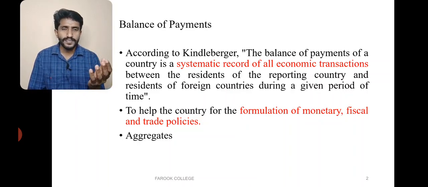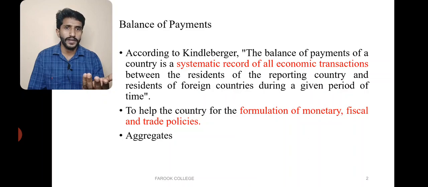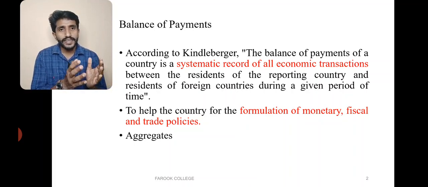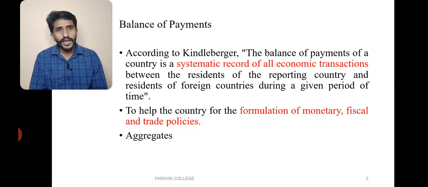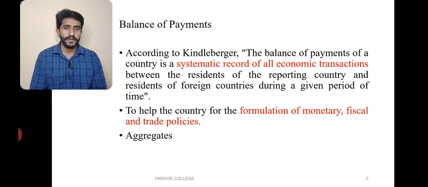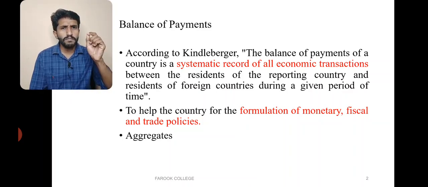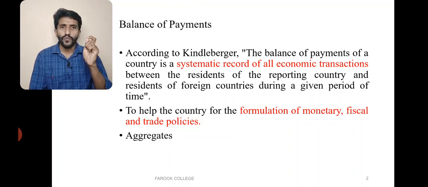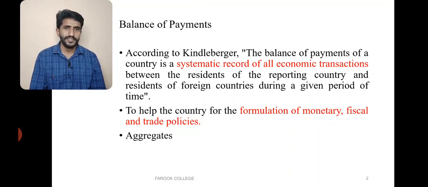In this scenario, if you are recording all these transactions for a particular period, normally 1 year or financial year, and aggregating all this record, it is called balance of payment. So the balance of payment includes each and every transaction of one country with another country.